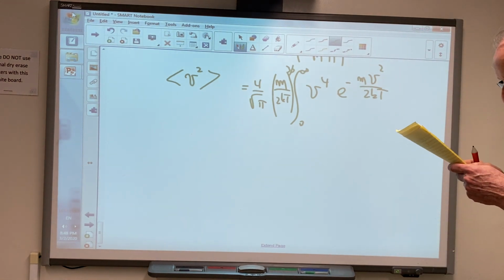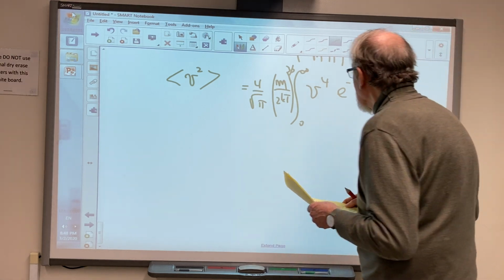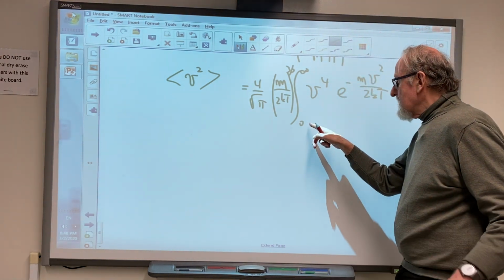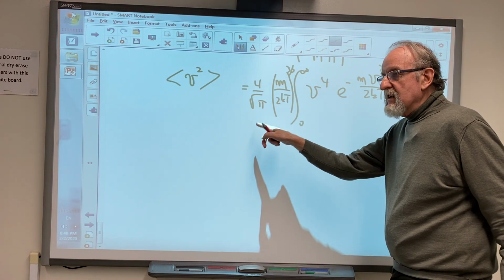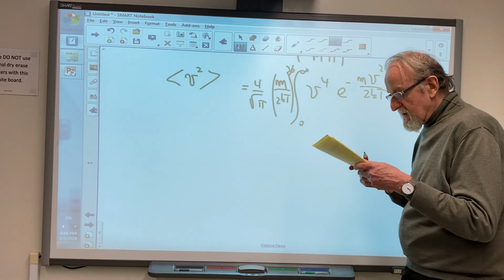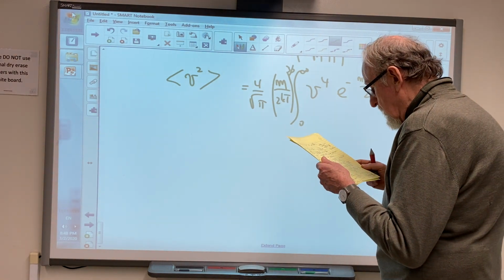Okay, and this is I4, so I have to again remember my definition of I4 was from minus infinity to infinity, so this will give me 1/2 of that, because I am only integrating from 0.